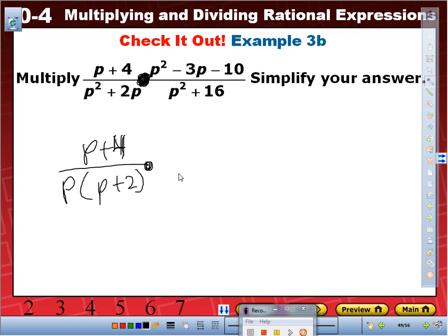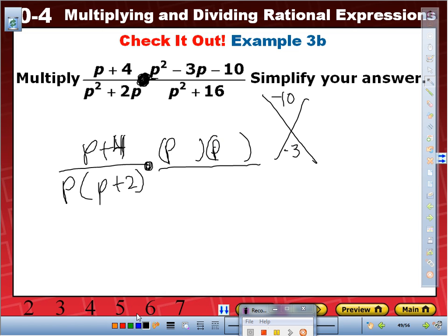Look at this one. There's subtraction, but it's a trinomial. Do we have a GCF? No, so I open two parentheses. -10, -3. The first term is P and P. So what factors of 10 add up and subtract to give us -3? -5 and 2.